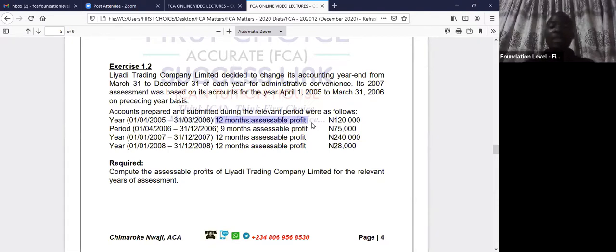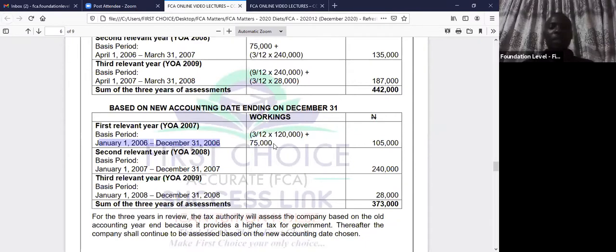That means you need 9 months. The second 9 months is going to be from April down to December, which is this 9 months. So you are going to do 3 months out of 12 plus this 9 months. So that's what we got here. 3 months out of 12 plus this 75,000, which is 9 months. And that gives you 105.